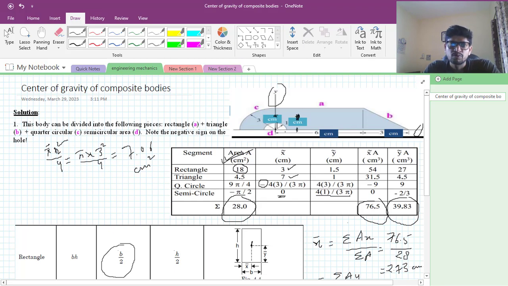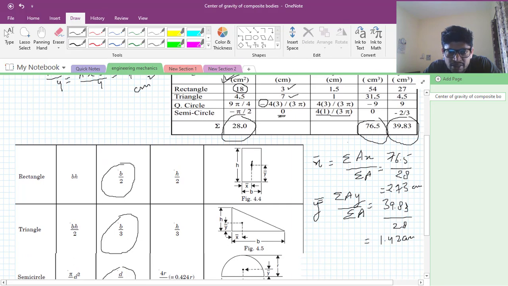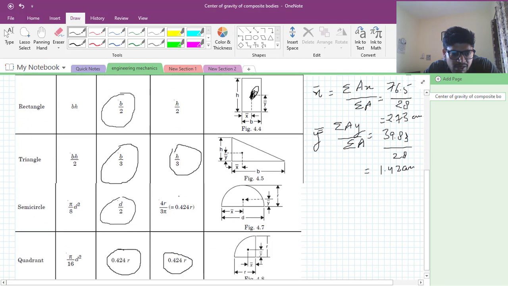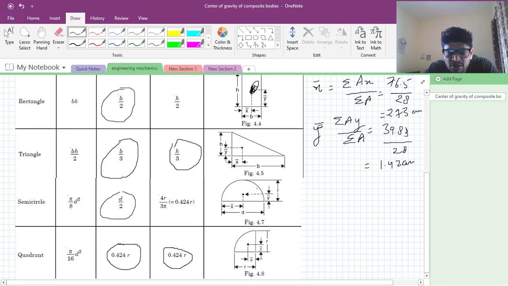So what is the summary of this problem? You can divide a composite problem into simple geometrical areas, like we have divided here this composite figure into rectangle. We know that the center of gravity of rectangle is at the center, b by 2, and h by 2, and we know the center of gravity of a triangle is in x direction b by 3, in y direction h by 3. You can see here it is given both the values, and we have divided in semicircle.